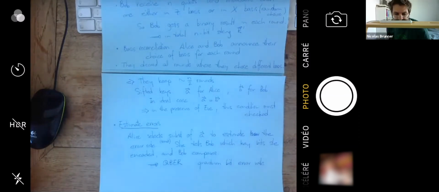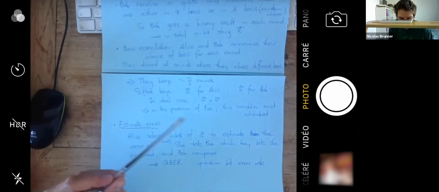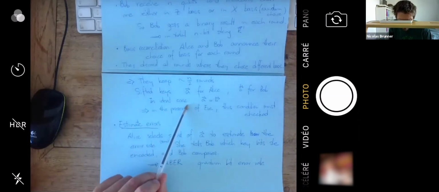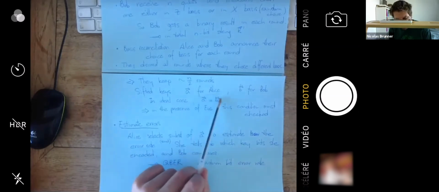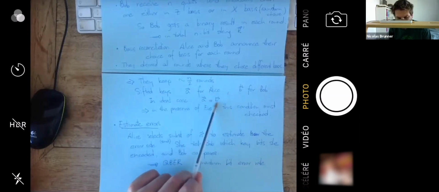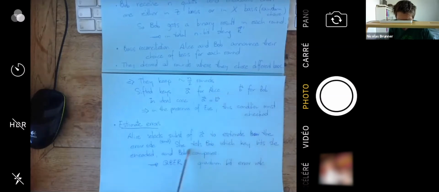If this fraction of bits where an error occurred is very small, then the intuition is that everything went almost as in the ideal case, because you can estimate how close these two bit strings are. If they are very similar, then on the remaining part of A and B, not the part that you have used for this estimation of the error, but on everything that is left, you will be able to perform some post-processing in order to extract a perfect key in the end.